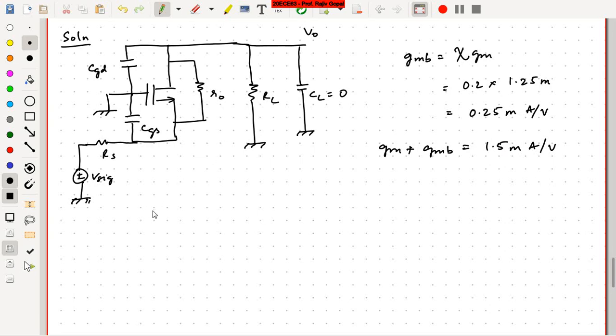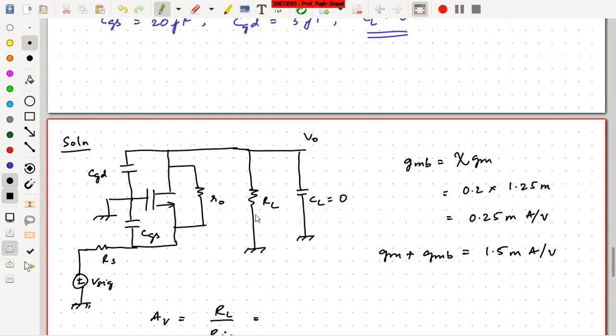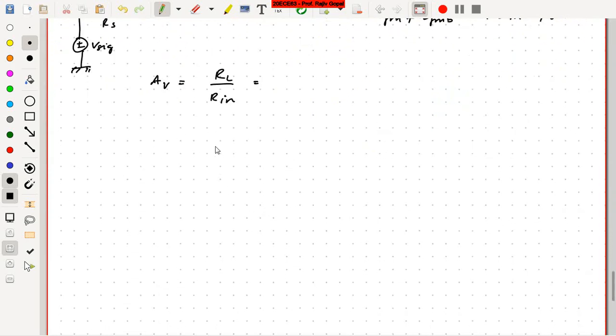Next I have AV, voltage gain, which is RL by RN. Okay, RN value, is it given? No, it is not given. Obviously, we have to find what it is. So Rn here is R0 plus RL divided by 1 plus GM plus GMB into R0.